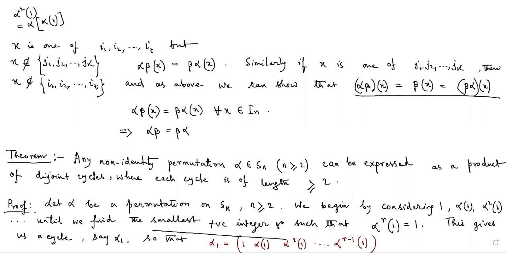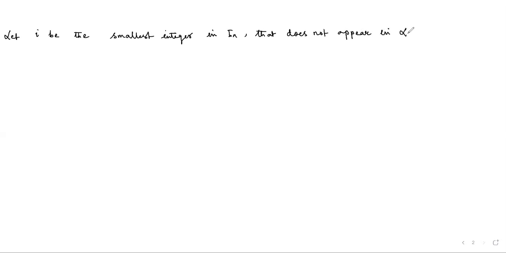Now let I be the smallest integer in In that does not appear in alpha 1.